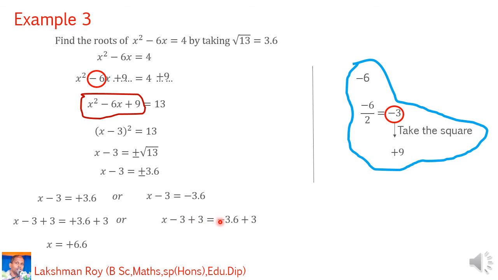Here it becomes negative 3.6 positive 3. One number negative, one number positive. That means we have to subtract the lesser number from the greater number. 3.6 minus 3, that is 0.6. But the greater number is negative here, that is negative 0.6. Those are the roots.